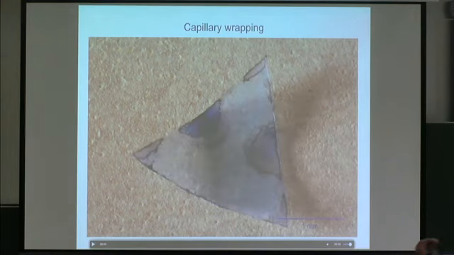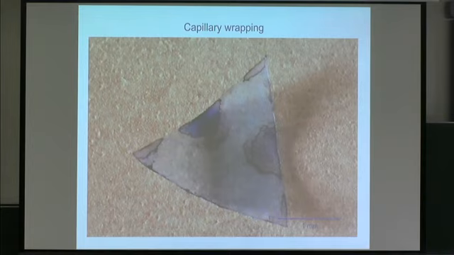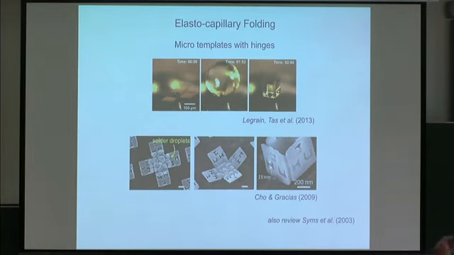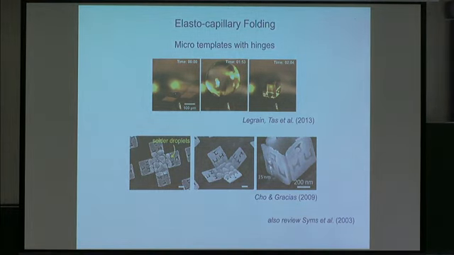But if you play some tricks, for instance, you can put some polymer inside the droplet, so that you can stick the edges of the pyramid, and you can maintain the 3D shape if you wish after the water has totally evaporated. This kind of technique has been used at much smaller scales.